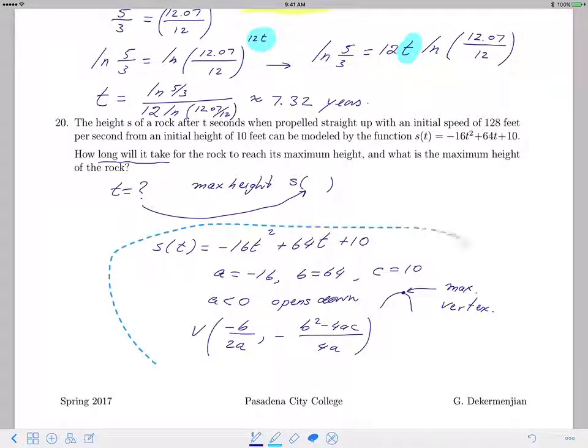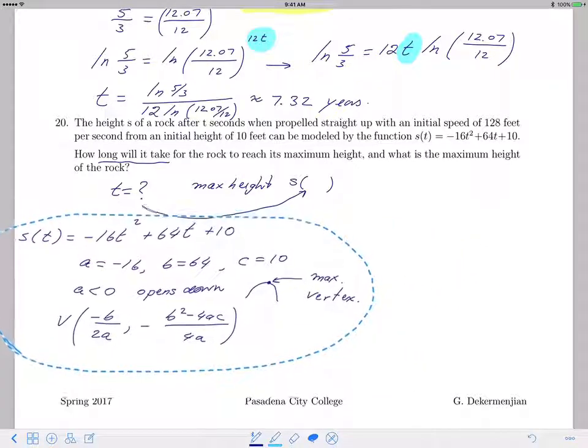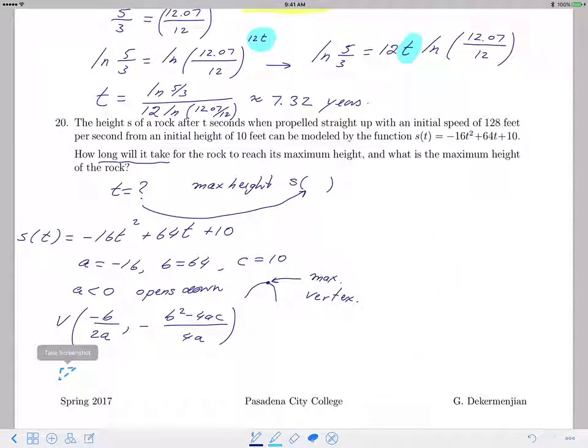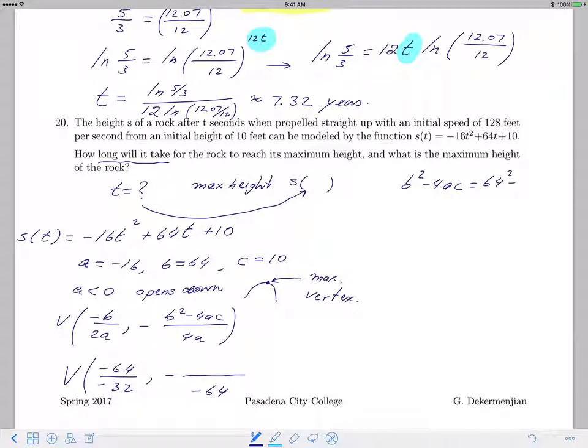All right, let's move this over a little bit and let's calculate. So negative b over 2a would be negative 64 over negative 32, and then minus the discriminant over 4a, over 64 with the negative sign. Now let's calculate the discriminant separately. b squared minus 4ac is equal to 64 squared minus 4 times negative 16 times 10.